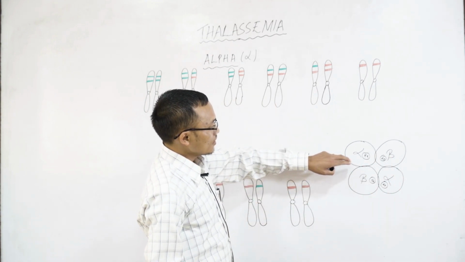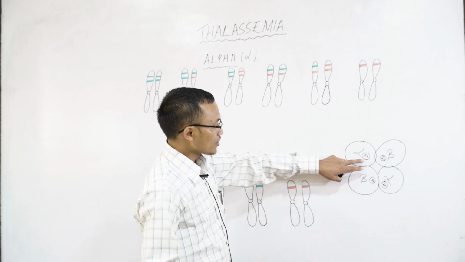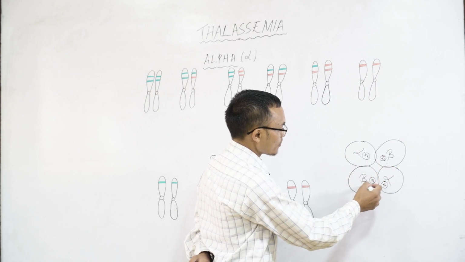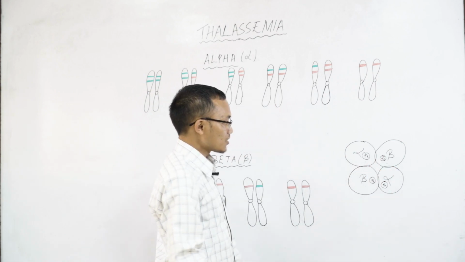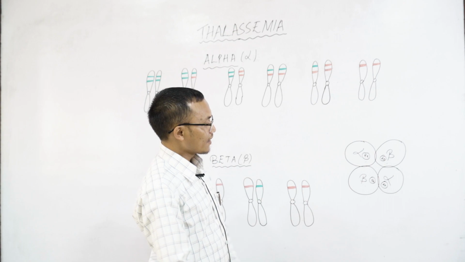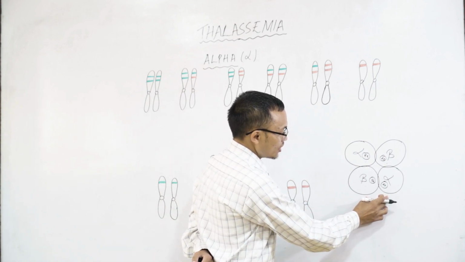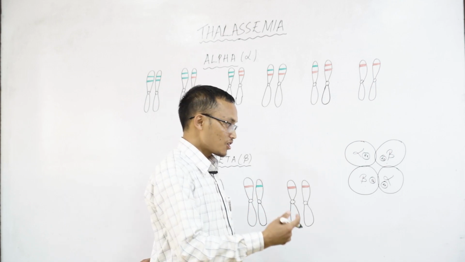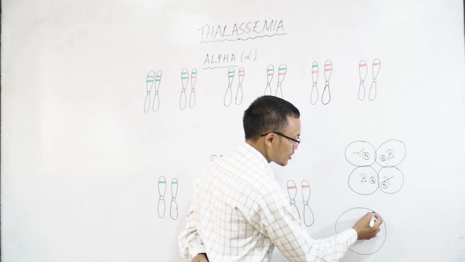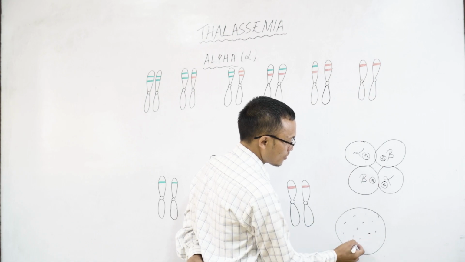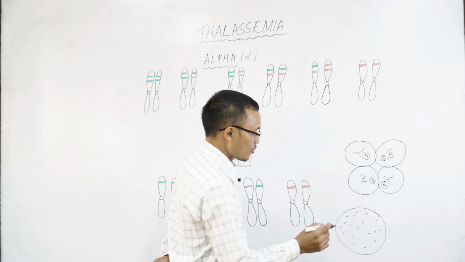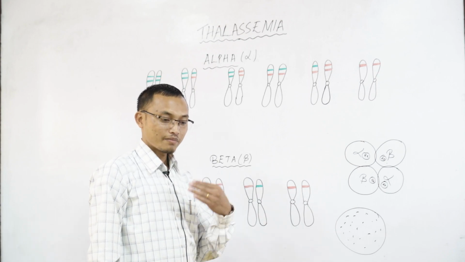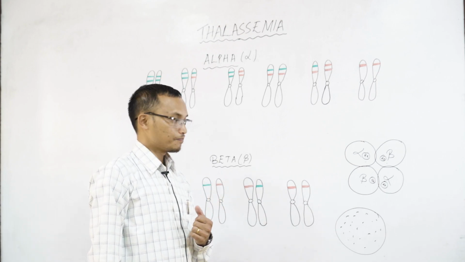This iron will bind to the oxygen molecule, as I've told you. As we can see, we have 4 polypeptides and 4 heme groups, so each hemoglobin molecule can bind 4 oxygen molecules. And in each RBC, we have millions of copies of hemoglobin, so more than 1 billion oxygen molecules can be carried by one RBC.